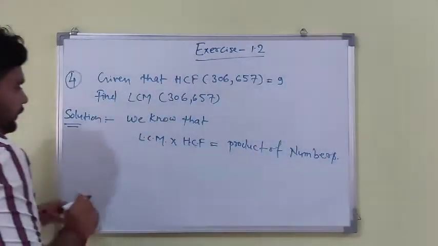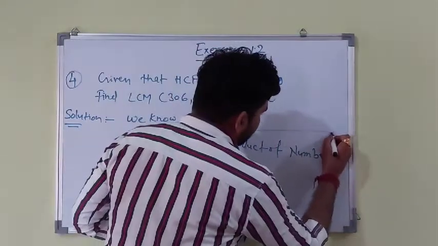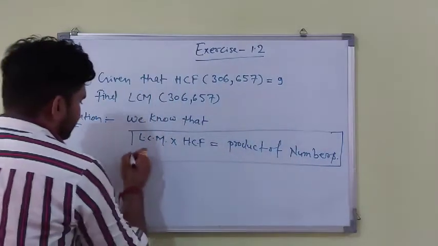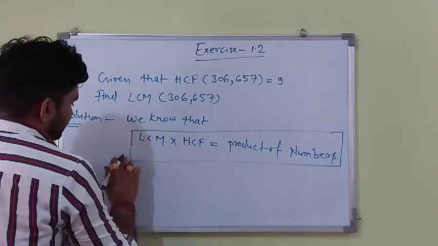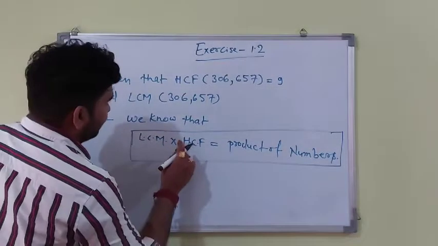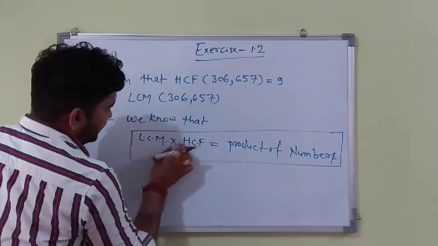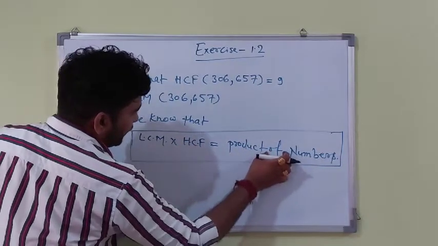Through this concept we can find out our answer. So how will we check? Here HCF 9 is given, LCM is unknown, and we know the product of numbers.